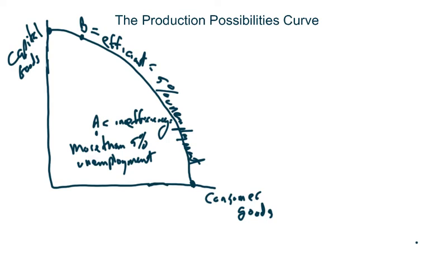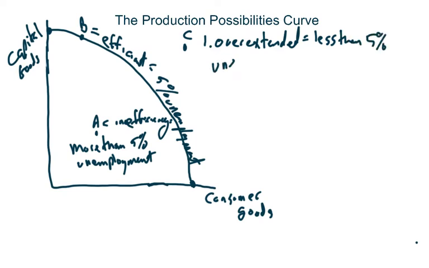What about if we have a point outside of the curve? Well, this could mean one of two things. The first thing is that we are overextended. And what does being overextended mean? It means that we have less than 5% unemployment, which is something we do not want to have.